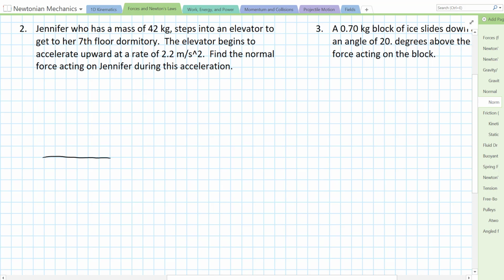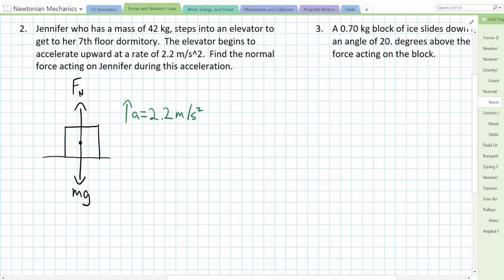Jennifer is just standing on the floor, so she's going to feel the force of gravity, of course, mg. And there's going to be an upward normal force, Fn, from the bottom of the elevator. Now it tells us that the elevator begins to accelerate upward, so I'm going to label that there's an upward acceleration of 2.2 meters per second squared.